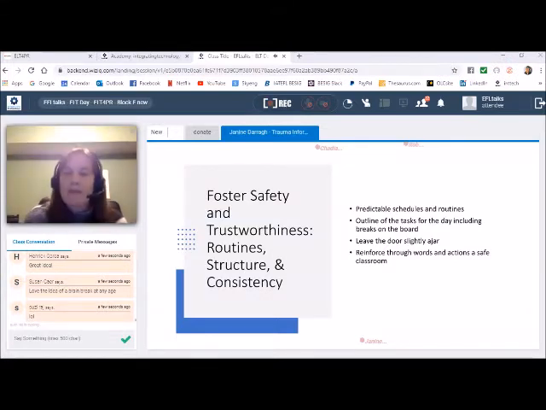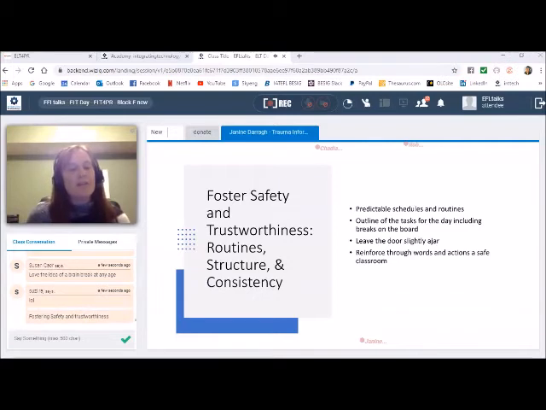This bullet I have about leaving the door ajar is interesting. For some students, if you close the door of your classroom, they might feel trapped, like there's no way to escape, and that can elevate anxiety. But then for other students, if you leave the door open, they might feel exposed. And so what can we do?